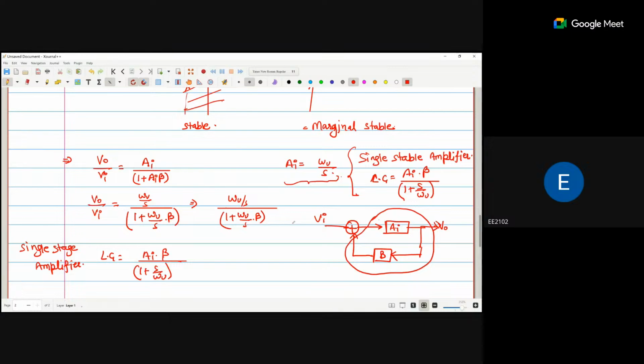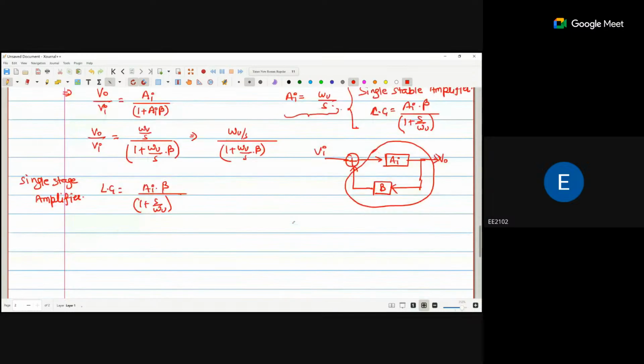Okay, and if this is the loop gain, what is the closed loop gain? Closed loop gain is simply Ai upon 1 plus Ai beta. I multiply with beta and 1 upon beta, and this Ai beta is basically the loop gain in a feedback system.